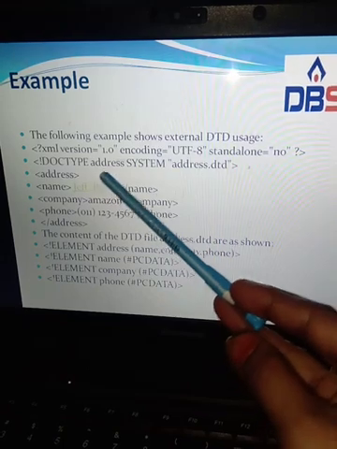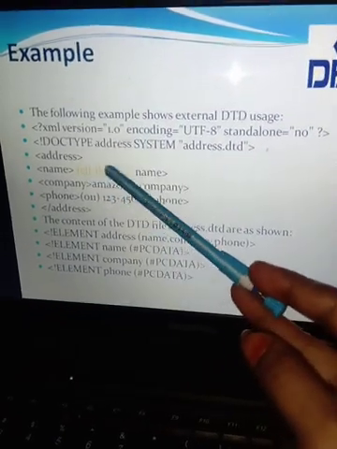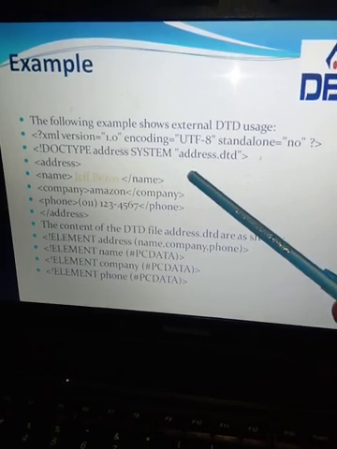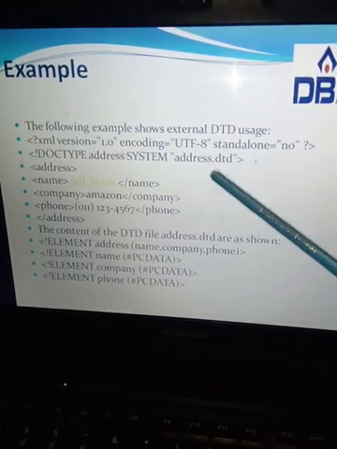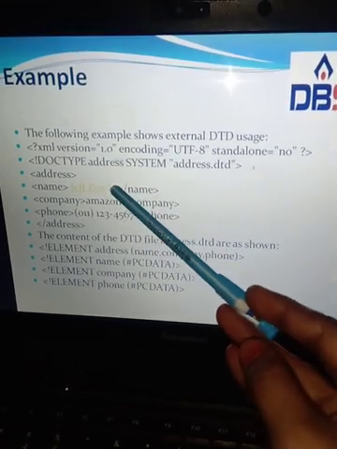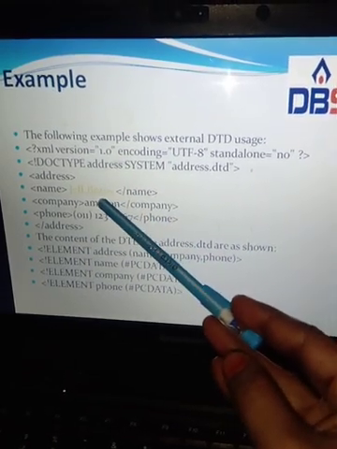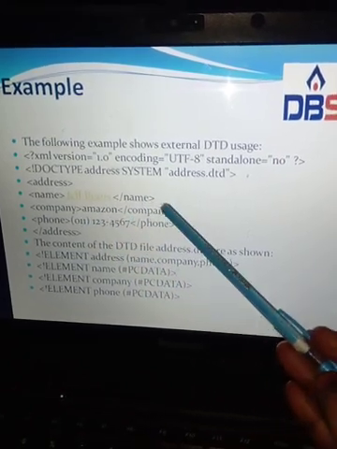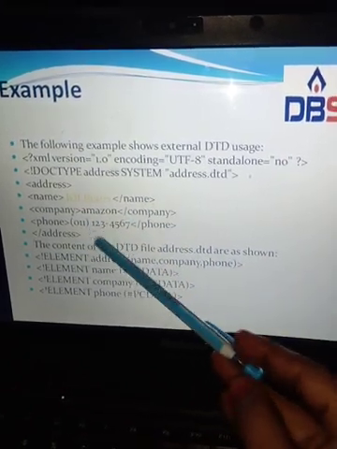Here, doctype address SYSTEM address.dtd. In this address, name is the Amazon CEO name, the name tag is closed, company Amazon, the company tag is closed, phone, and the address tag is closed.